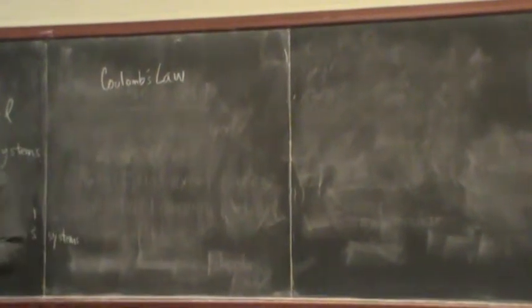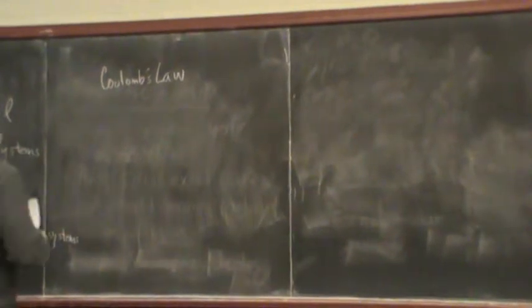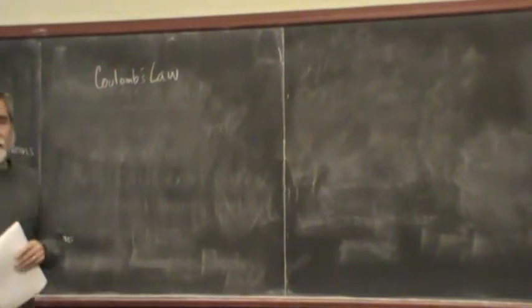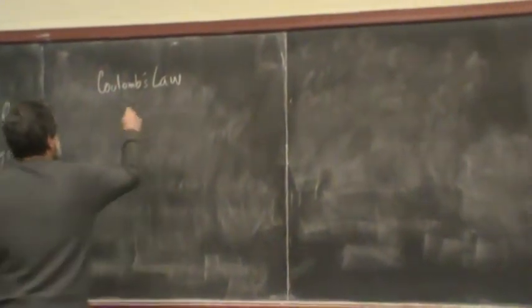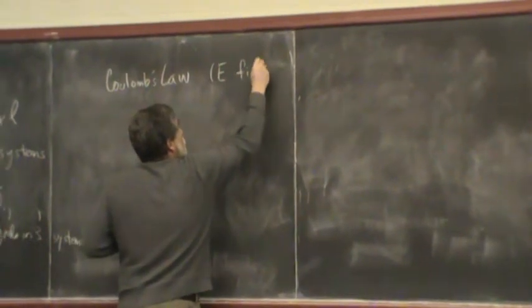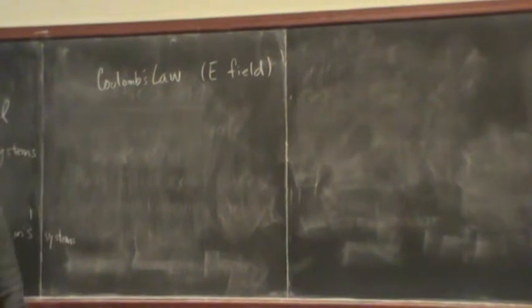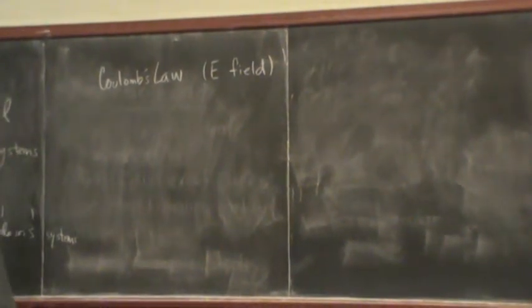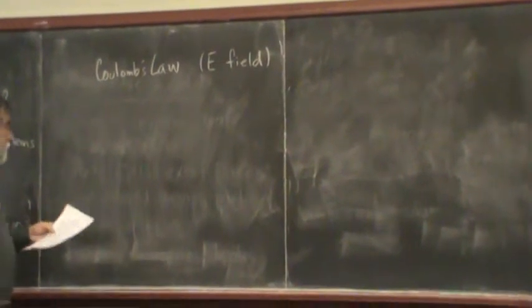We dealt with concepts related to Coulomb's law. And I used Coulomb's law, actually, as a general phrase to basically describe the properties of the electric field, and the electric field due to a static point charge.